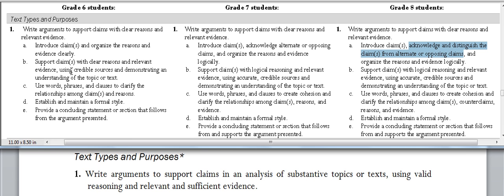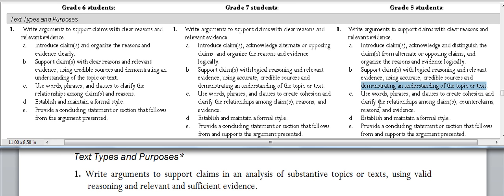B is related to evidence. It's becoming further developed than in the 5th grade because now they must use credible sources. They have to demonstrate an understanding of the topic or text. This is very important because they're expected to give the support for their argument using evidence that they understand from the text that they have read.